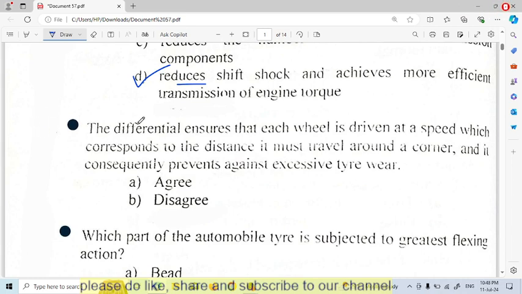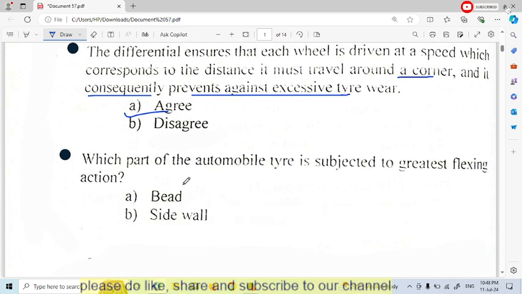Next, the differential ensures that each wheel is driven at a speed corresponding to the distance it must travel around the corner, and it consequently prevents excessive tire wear. This is an agree or disagree, that means yes or no question. So the answer will be agree. Option A is the correct.